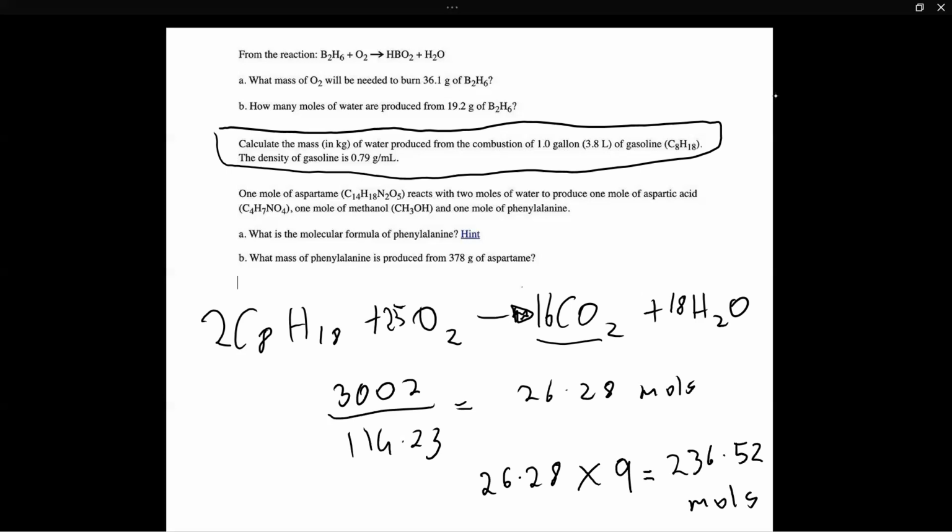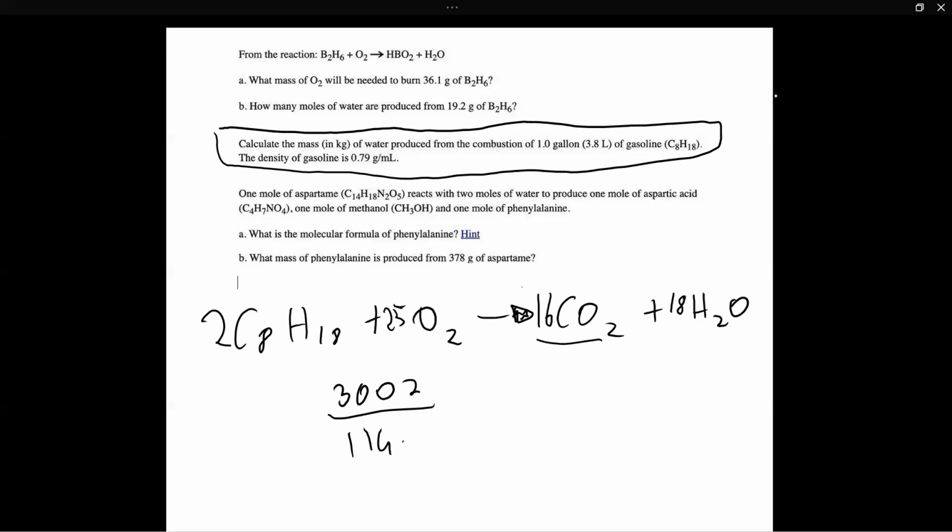Now, once you have found the moles of water produced, we can easily find its mass in kilograms by using the exact same equation, but we just have to shuffle around the variables. In this case, we know what the moles are, 236.52.